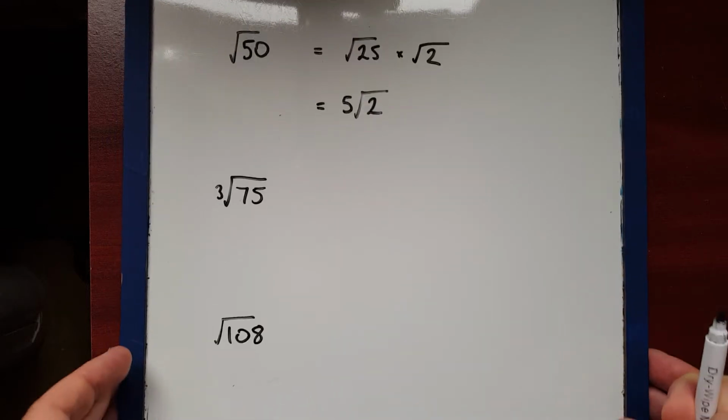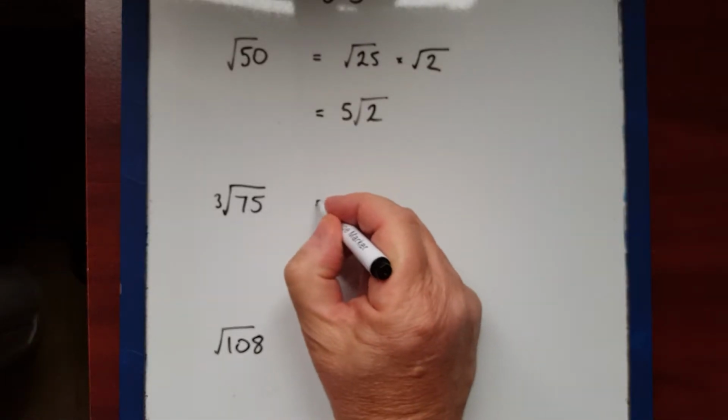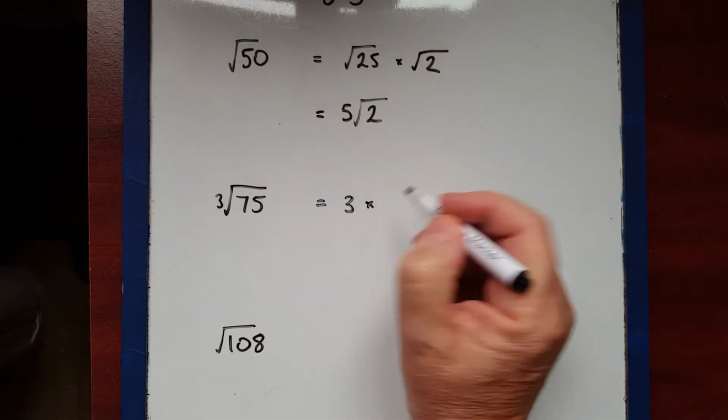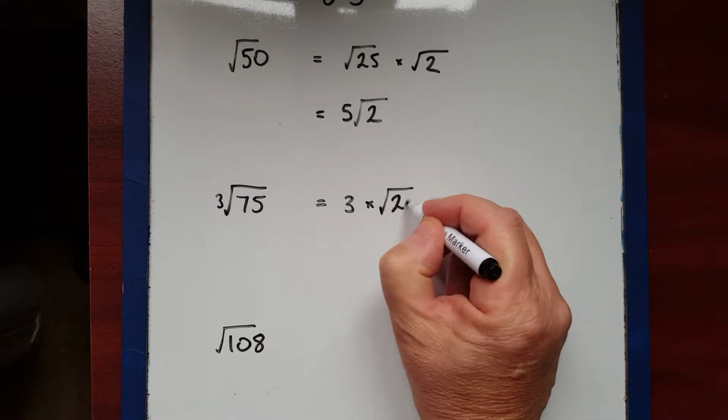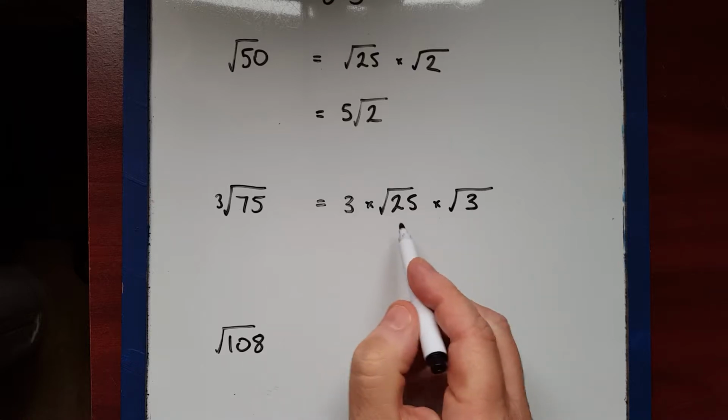Now, sometimes you can start off with a bigger problem at the beginning. This is 3 lots of the square root of 75. Simplify that. Well, okay, we're going to change this to 3 lots of the square root of 25 times the square root of 3. And you see what I've done here?